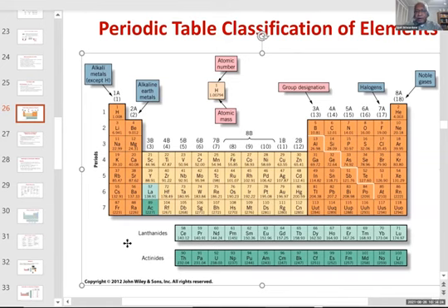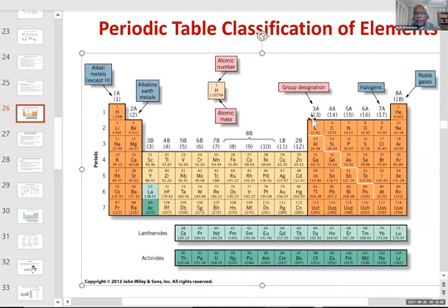Main groups are within the orange color. The columns 3 through 12 are called transition elements.